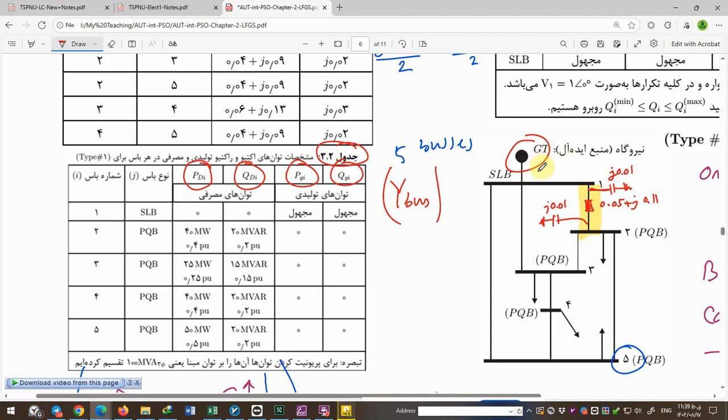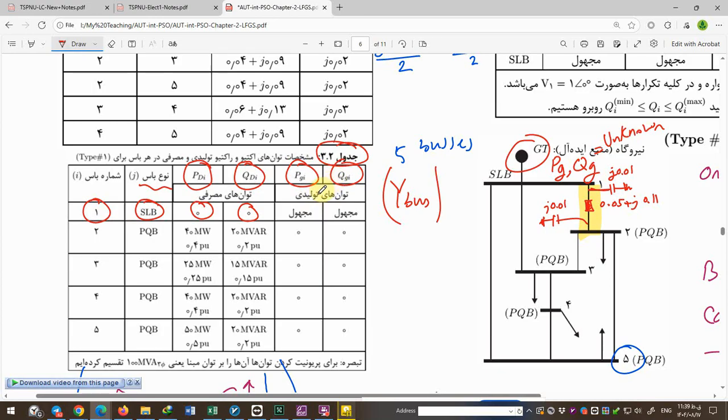And in a slack bus, generation of active and reactive power is unknown. Bus number 1, the type of bus is SLB or slack bus. Do we have any demand on this bus? No. Both of them are 0.